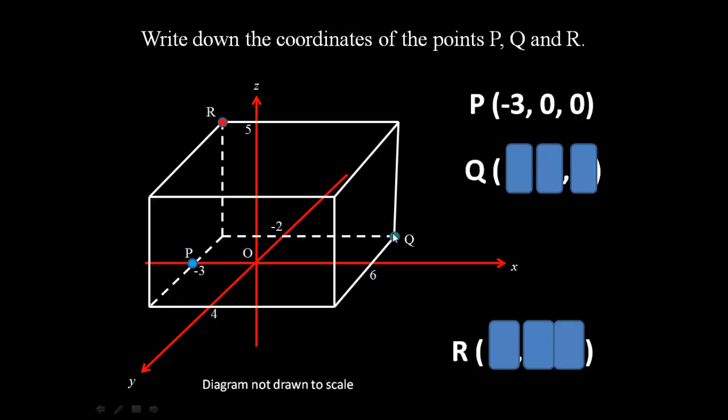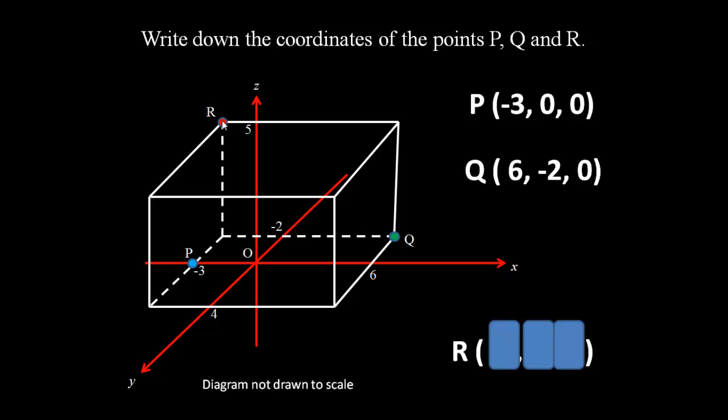We're not going up, so z will be 0. So it will be 6, -2, 0. Let's have a look at it. 6, -2, 0. Okay? They're not difficult, it's just a question of being a bit careful with the x, y and z directions where they are.